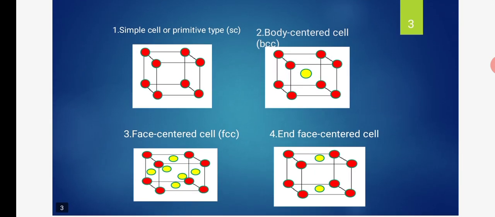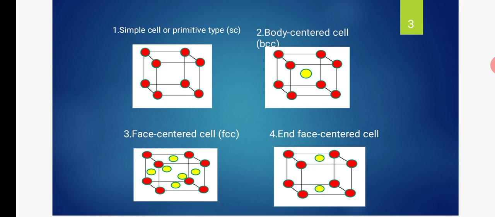See here, in this figure, you can see how the molecules or atoms are situated. See, simple cell or primitive type, in this eight corners are occupied by molecules or atoms. Second is body centered cubic lattice.